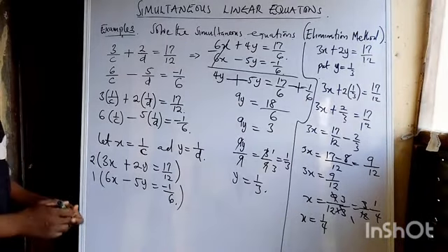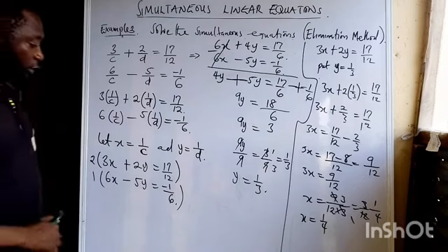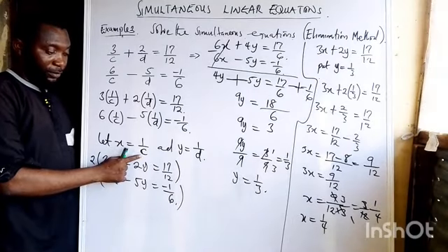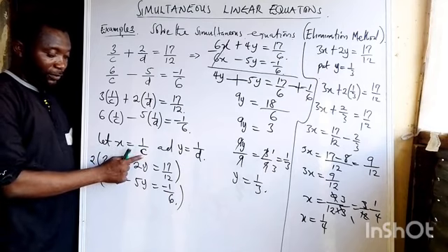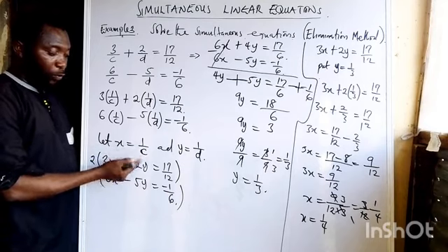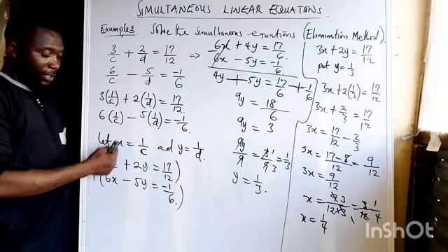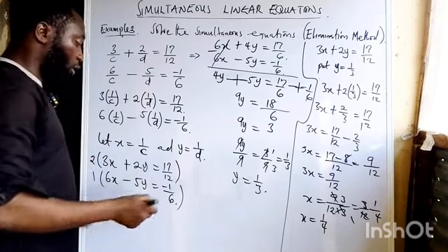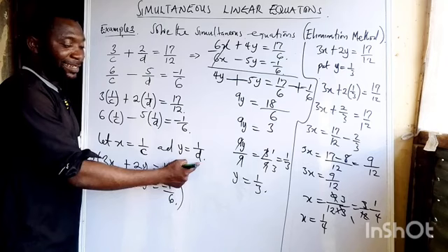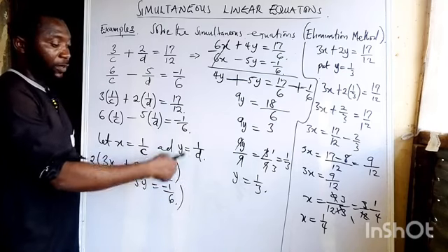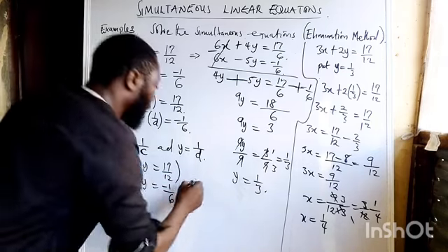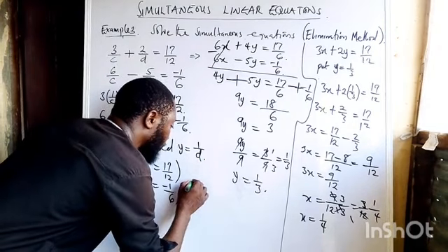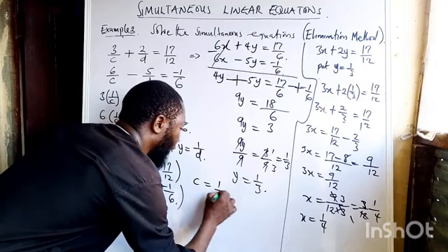x equals 1 over 4, y equals 1 over 3. But x is 1 over c. If x equals 1 over c, it means your c will be 1 over x. So also, y equals 1 over d, it means d equals 1 over y. So now our c equals 1 over x.